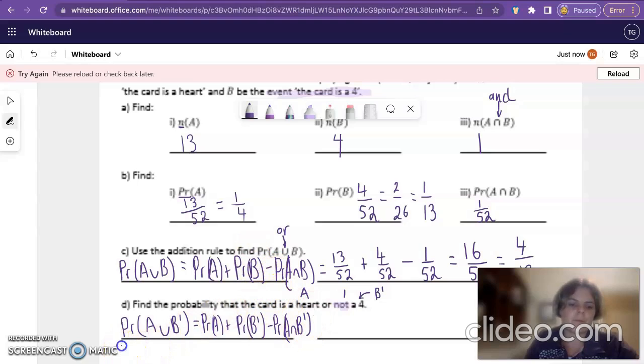So remember, the complements plus that probability must add up to 1, because probability of getting a card that's a 4 and probability of getting a card that's not a 4, that's certainty. One or the other. You've got to have one or the other. So that would add up to 1. So we can find out what the probability of not B is, B complement, by doing 1 subtract the probability of B.